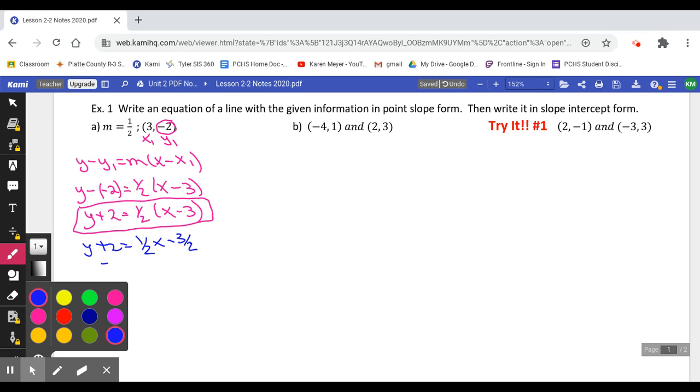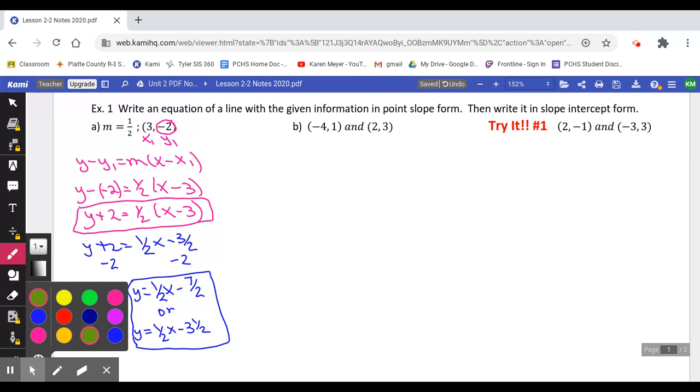So we're going to subtract 2 on both sides. So then we get y equals 1/2 x minus 3.5, or you can have 7/2. So either way is acceptable. And this is my slope-intercept form answer.